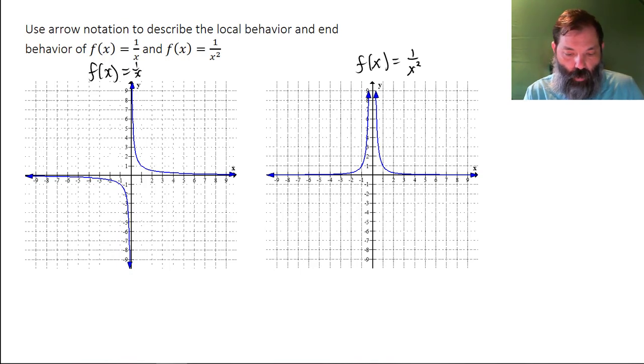Here's what I see. As x is approaching 0 on the left-hand side, the function is moving downward with no bound. And so here's how we write that with arrow notation.